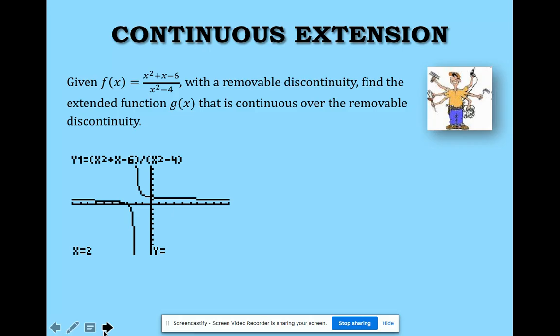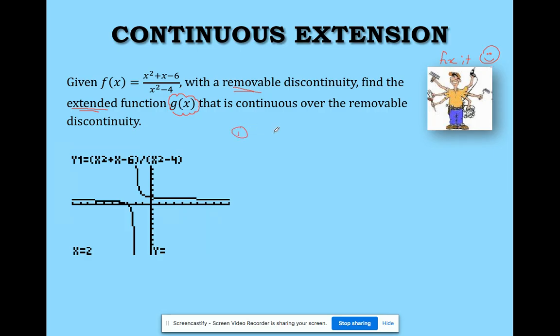All right, continuous extensions. So this is where we were talking about the removable discontinuity. If you have a removable discontinuity, I can fix it, and I'm going to teach you how to fix it, and it feels like cheating. Here's the vocabulary that you need: extended function with a different name, and it is continuous over the removable discontinuity.